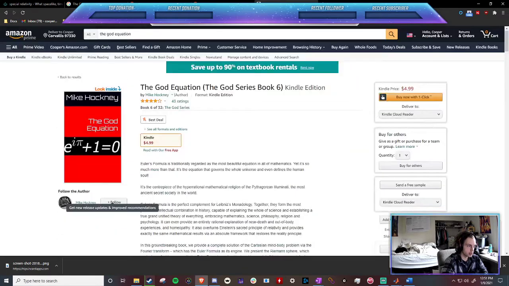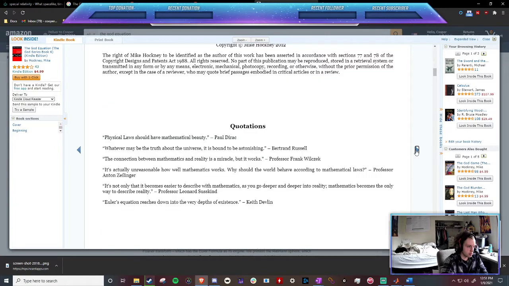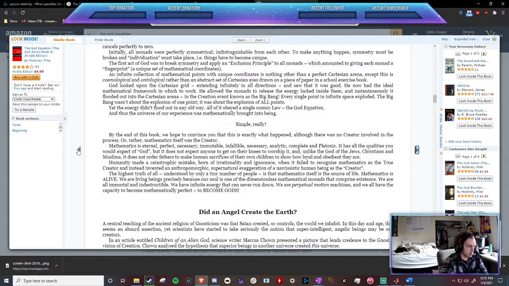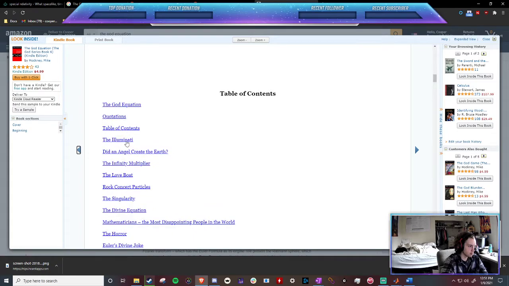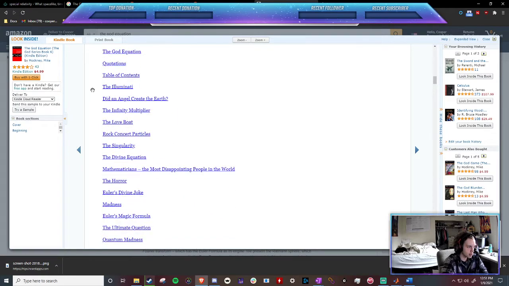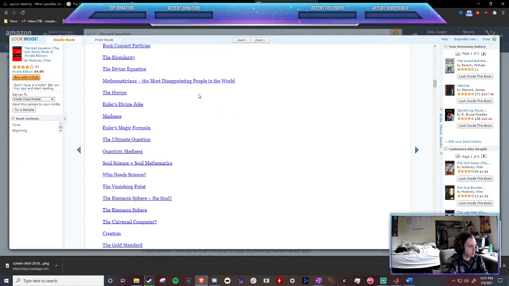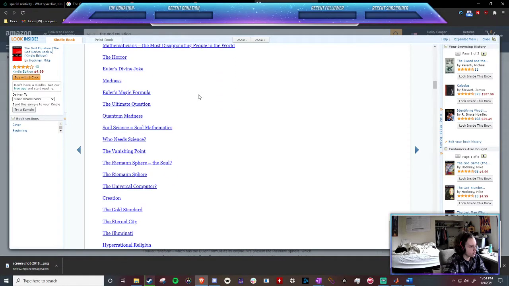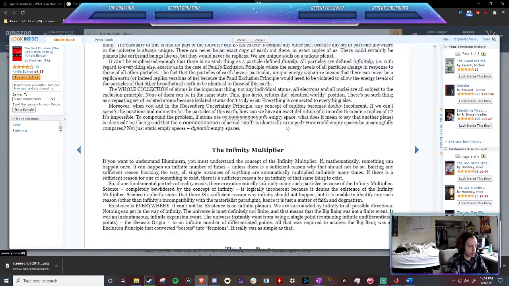There's equations in this book? The Illuminati? What's going on? The Riemann sphere? The soul?